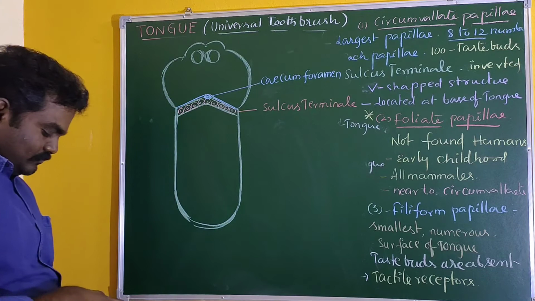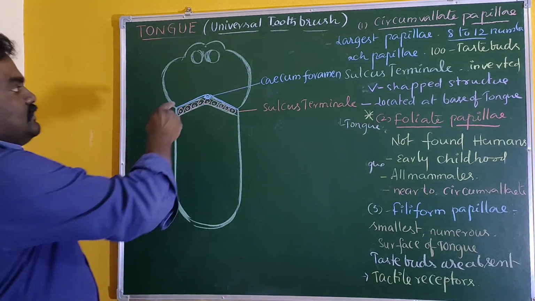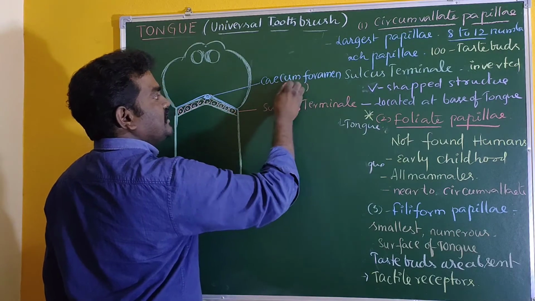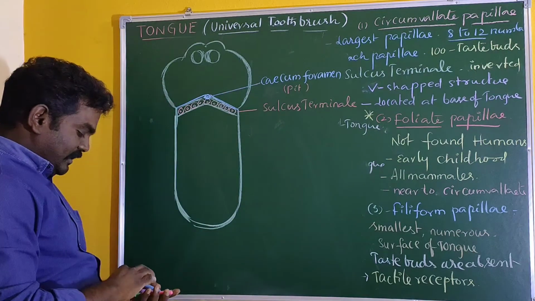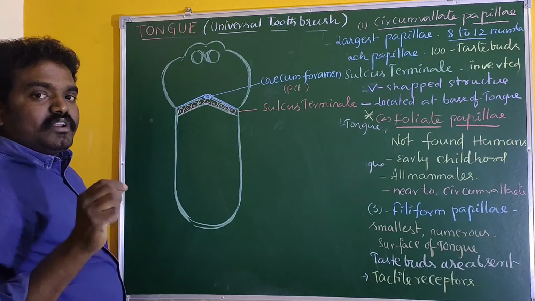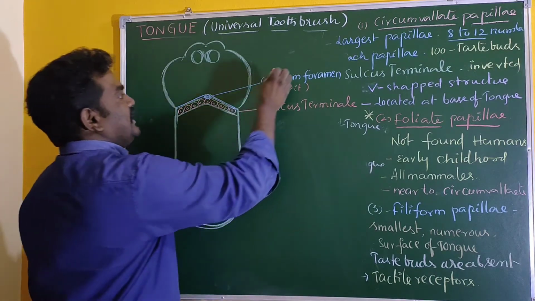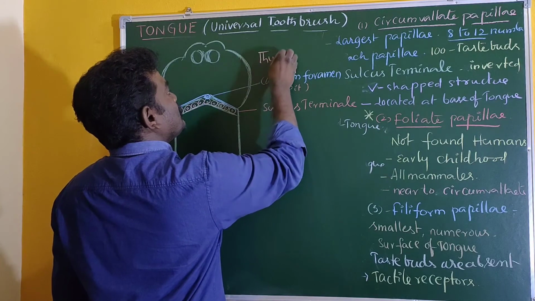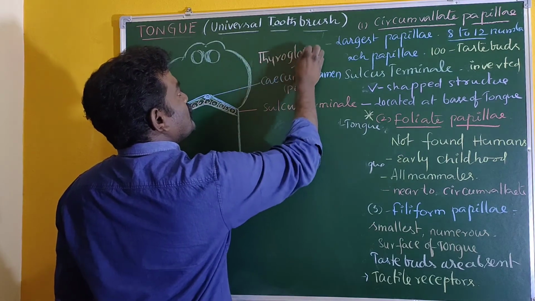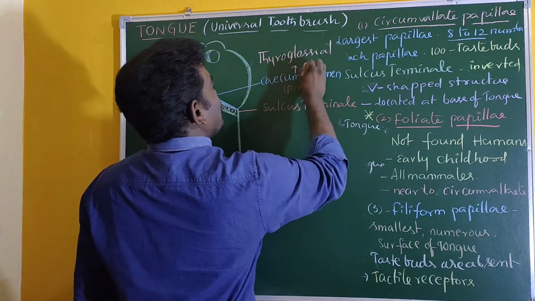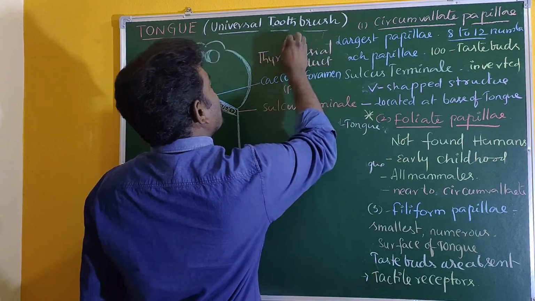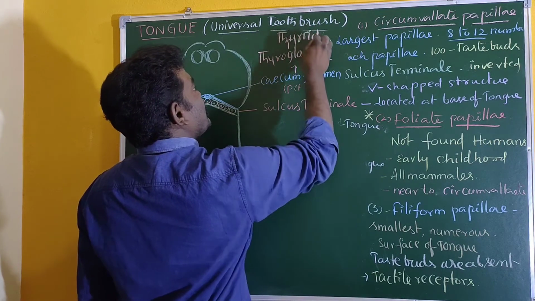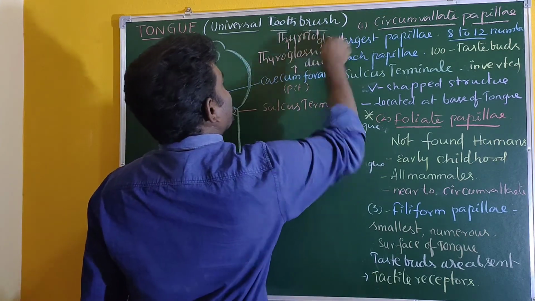This foramen cecum is a kind of pit derived from the thyroglossal duct, which belongs to the thyroid gland.